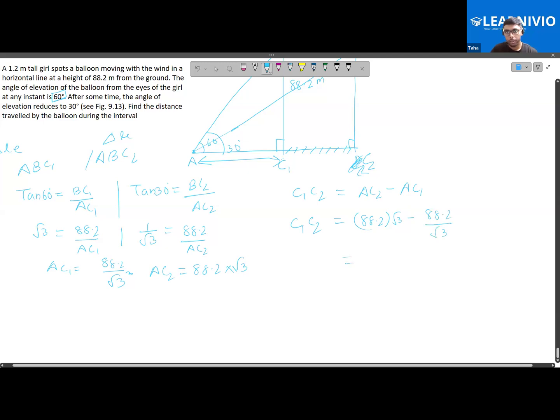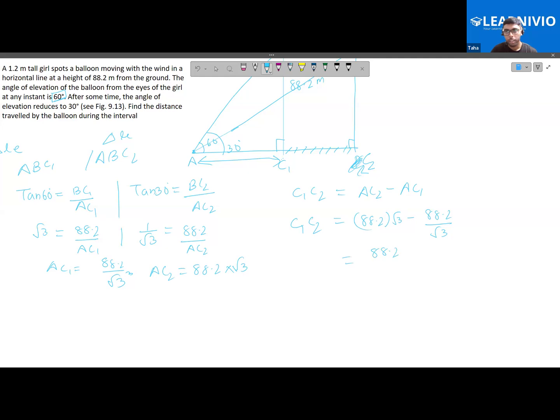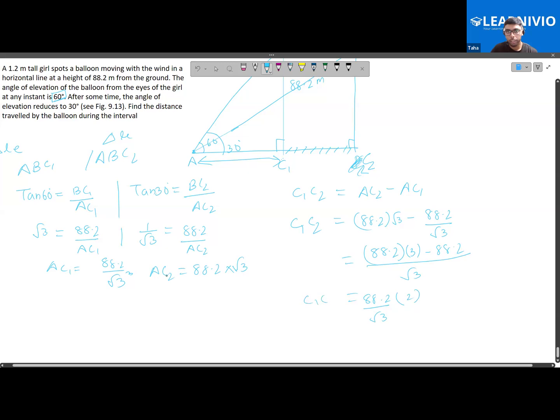Okay, let us make the denominators the same. We would take out 88.2 by root 3 into 3 minus 1, that would become 2, C1C2.